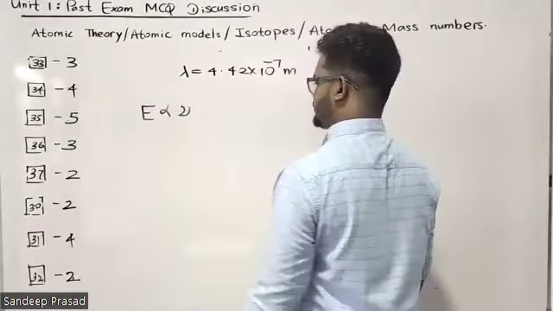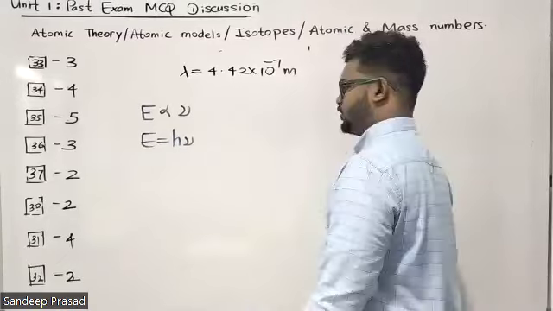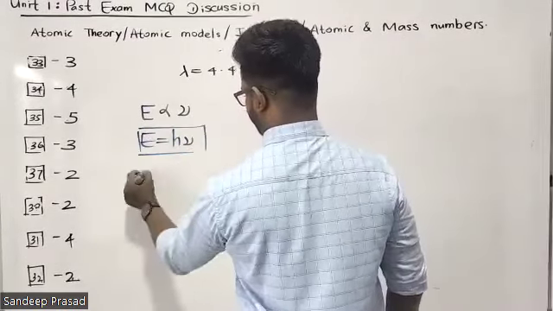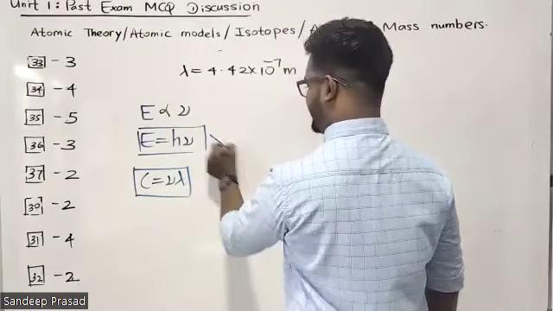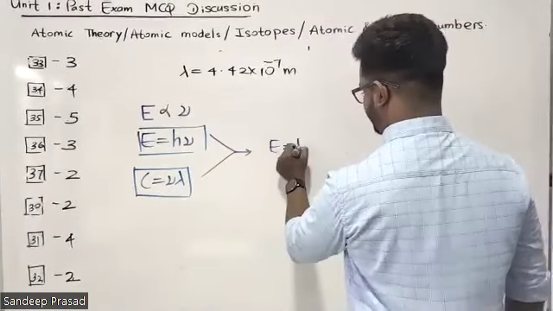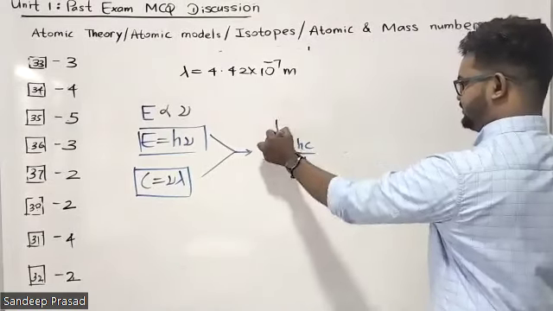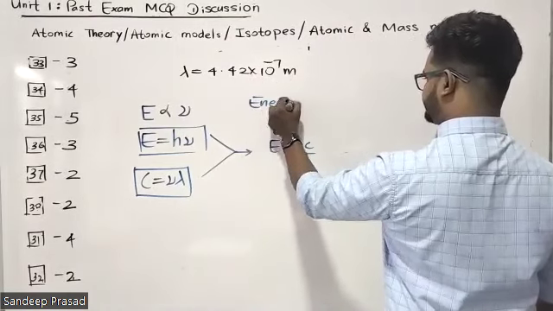This proportionality symbol can be eliminated by adding Planck's constant. Then we have another equation, c equals nu lambda, which you learned in your O-level time. By combining these two equations, we develop another equation, E equals hc over lambda. Understood? So this is giving the energy of a photon.